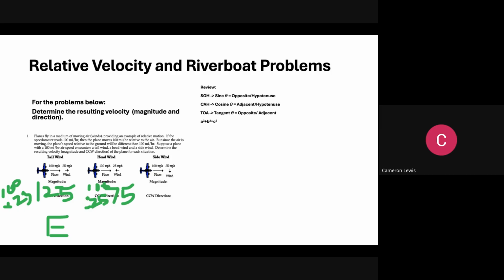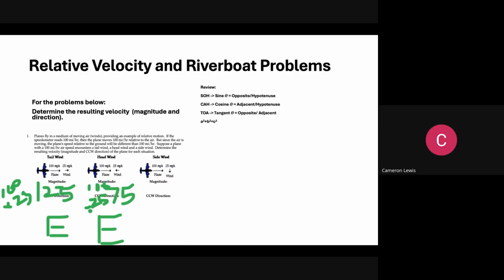But in general, what is the direction now? Still to the right, since the 100 is faster than 25.